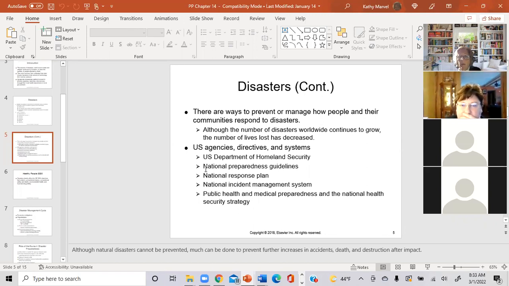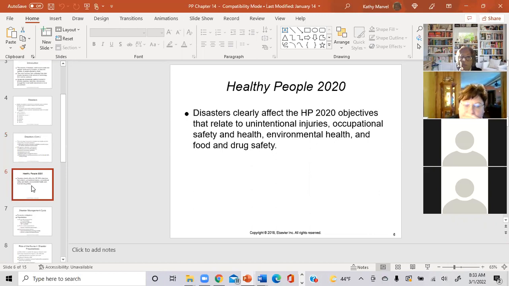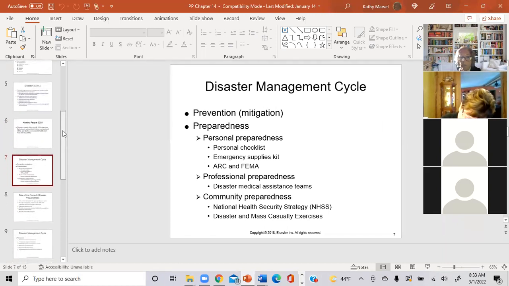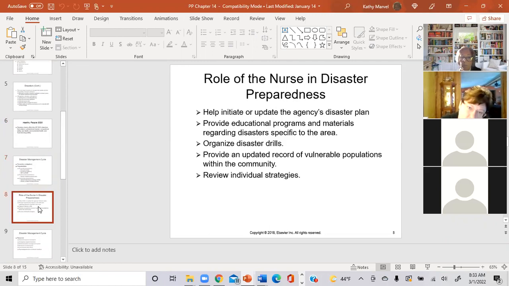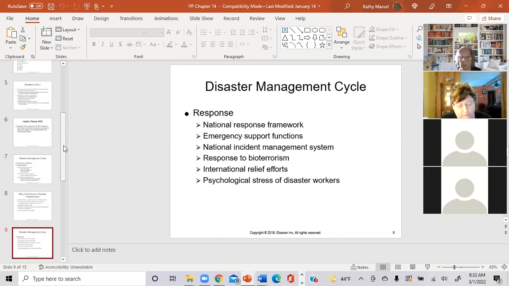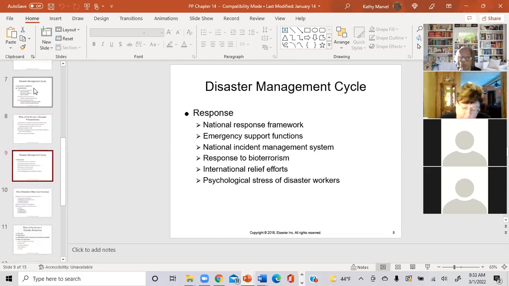The study guide starts to point out important pockets of essential knowledge that support us knowing the concept of disaster management. Does that make sense? Healthy People 2020 for disaster management. Okay, what's the cycle of disaster management? Well, first is prevention. Second is preparedness. Third is response. And this outline covers them nicely.